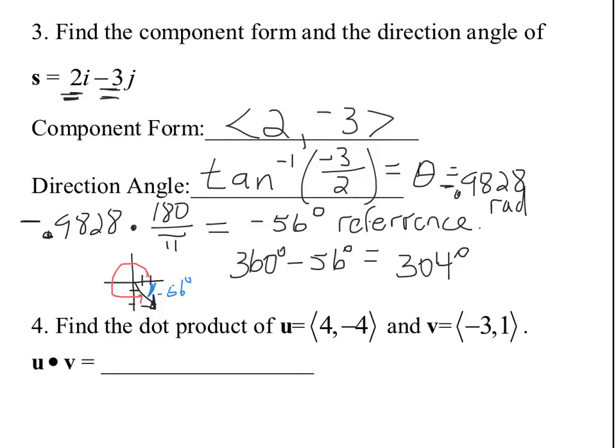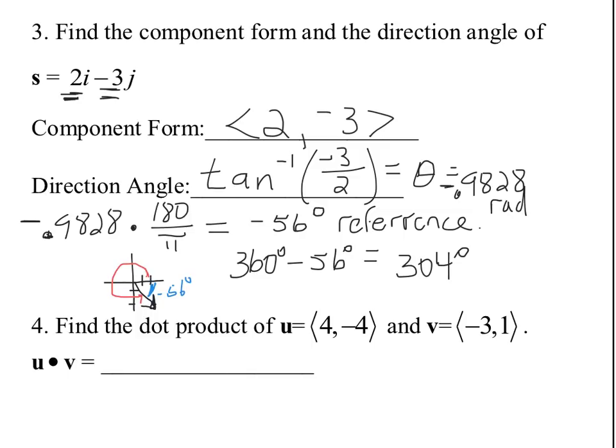So some of you on your homework, you stopped here. You stopped at this reference angle, but you can't stop there. That's a reference angle. Once you have the reference angle, then you need to calculate what the positive angle is going to be, or what the angle is supposed to be in that quadrant. So make sure you know what quadrant you're in, and make sure that the angle you're getting falls in that quadrant.